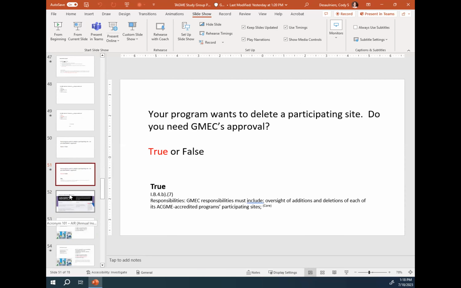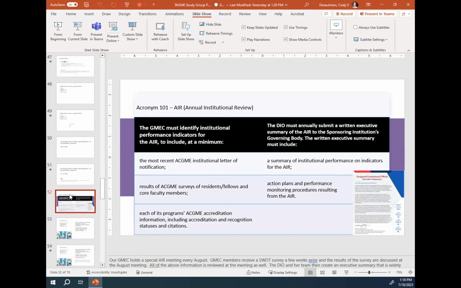True. All right. And this is just about the annual institution review. This was very lengthy, I thought, but pretty much GMEC must identify institutional performance indicators for the AIR to include at a minimum the most recent ACGME institutional letter of notification, results of ACGME surveys of residents, fellows, and core faculty members, each of its program ACGME accreditation information, including accreditation and recognition statuses and citations.